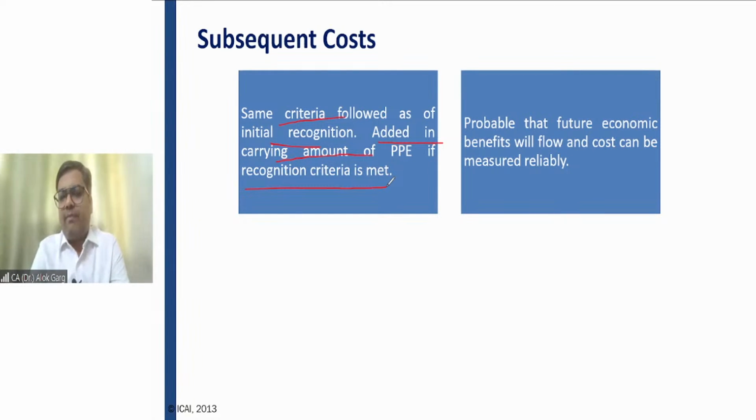Sir, in this case, the recognition criteria is meeting. Are you saying that this engine has to be capitalized with the truck? Don't you think? For example, the value of the truck was 20 lakh rupees and the value of the engine is 5 lakh rupees. Don't you think when you add this engine to the truck, it will be 25 lakh rupees?